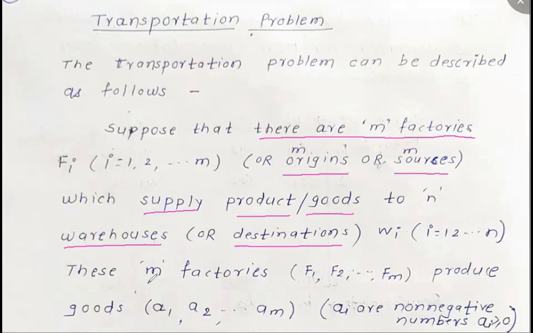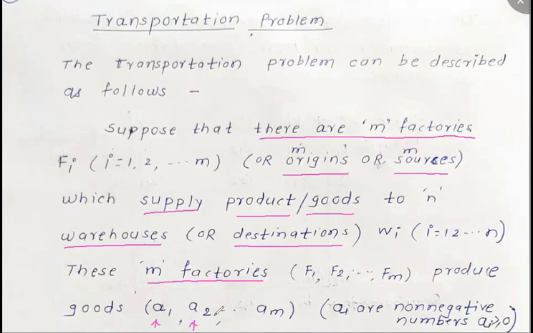Now these M factories, F1, F2, F3 to Fm, produce goods A1, A2, A3 to Am. That is, the factory F1 produces A1 quantity of goods. Second factory F2 produces small A2 quantity of goods.